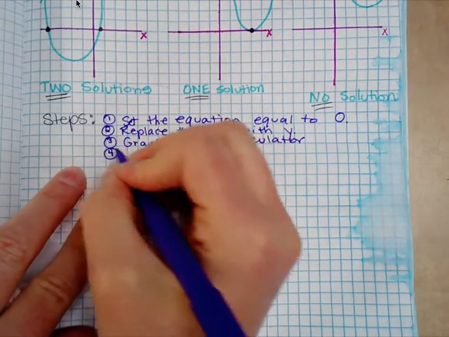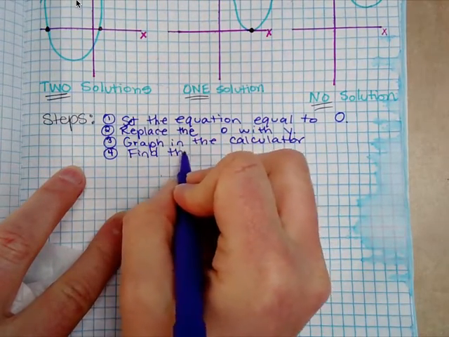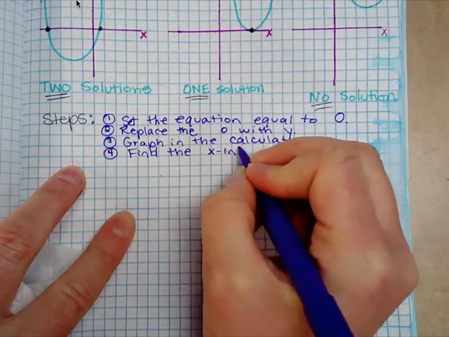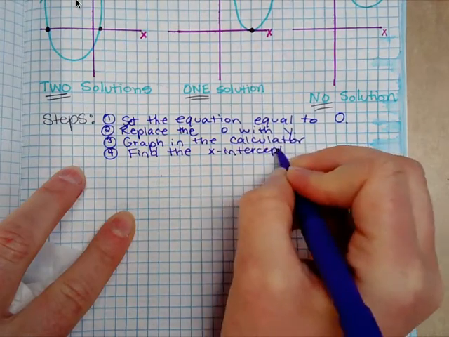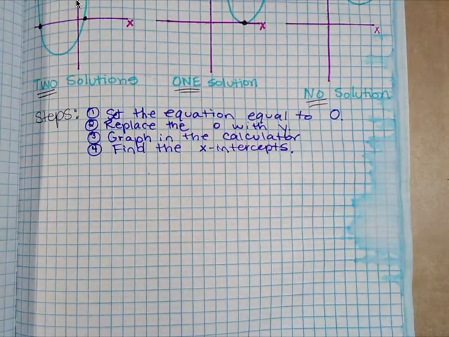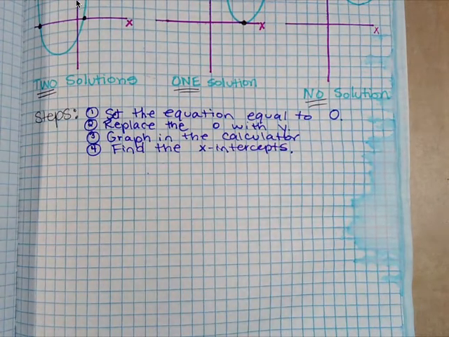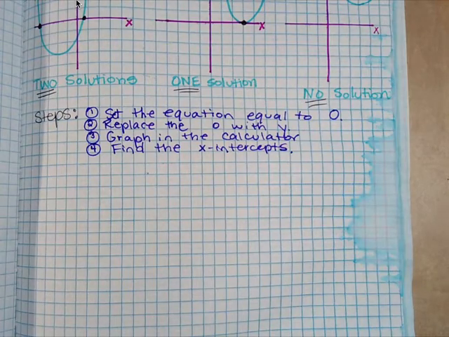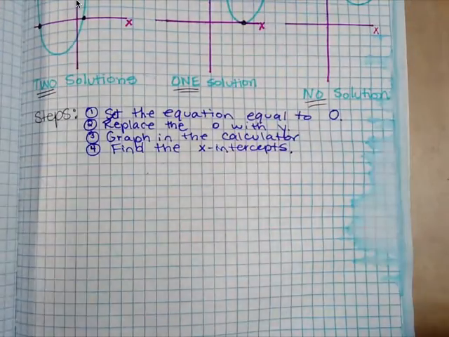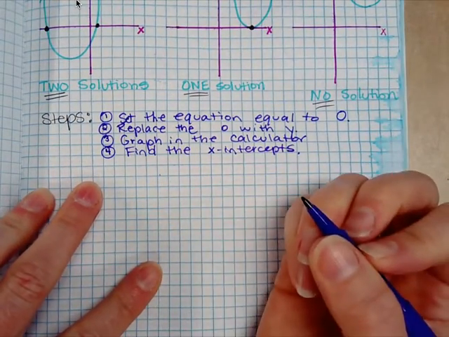Okay, step 3 is going to be graph in the calculator. Step 4 is going to be find the x-intercepts. There may be 1, there may be 2, there may be 0. You've got to look at the graph and see. So you find the x-intercepts by seeing where it crosses the x-axis.